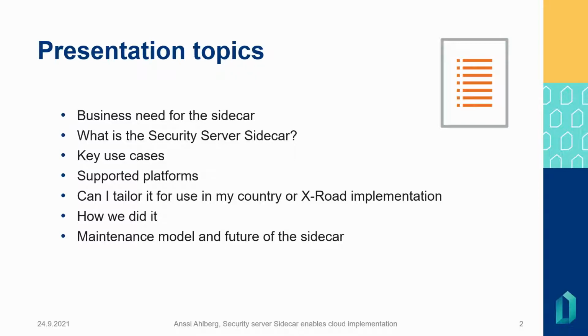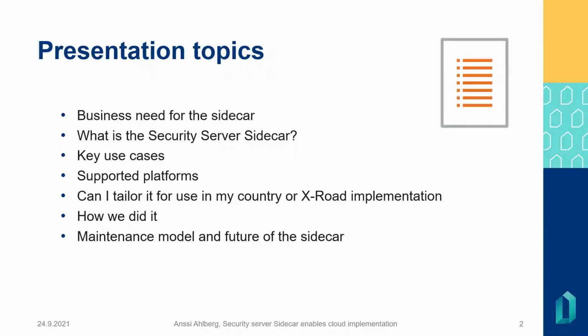So the things I'm going to cover in this second presentation of mine is what were the business needs that started us doing all this work. Then some kind of an overview on what the security sidecar actually is. I'm going to cover its key use cases, the platforms that we support at the moment, and again, as in my previous session, the tailorability for your own uses and for your own country implementations and for your own national environments.